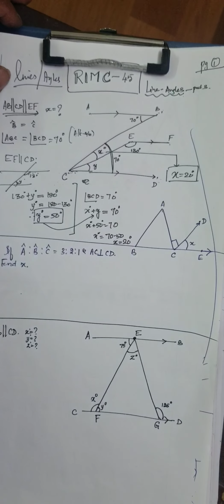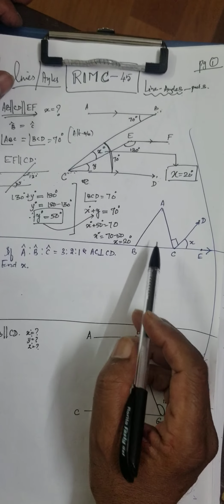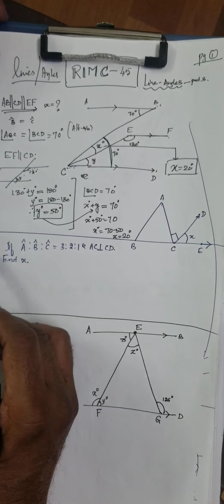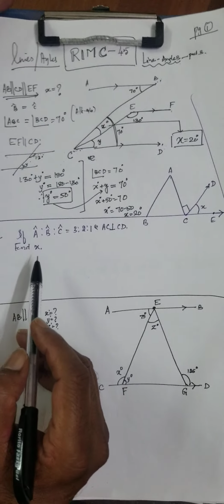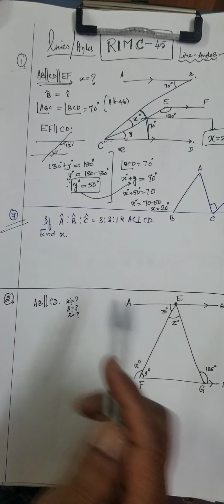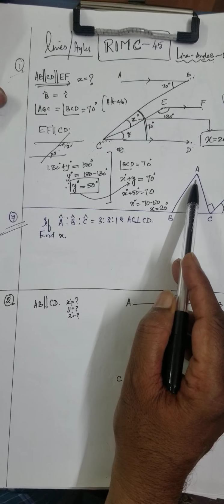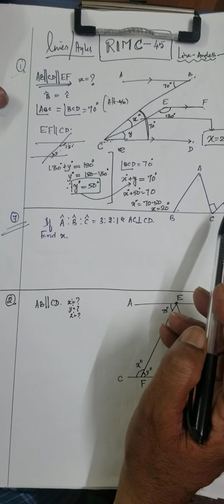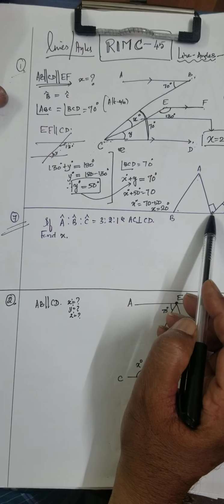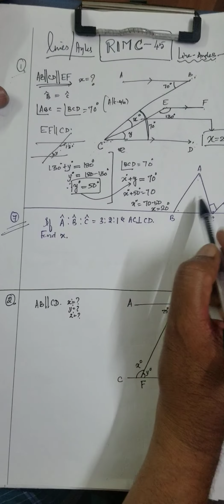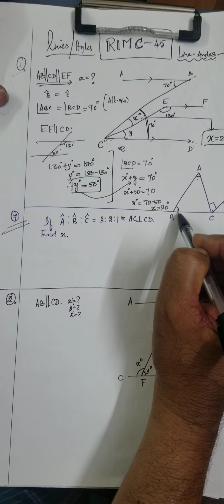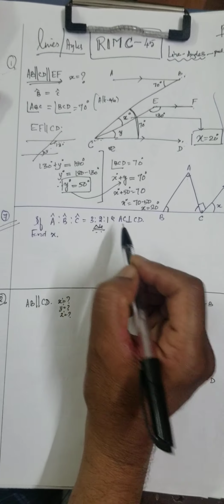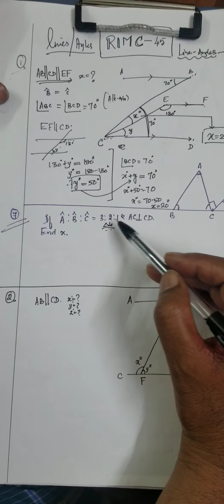Now, this is another sum, a 7 sum. The first sum is this; I'll do the second, third and all later. Angles A, B and C of a triangle are in the ratio 3:2:1.